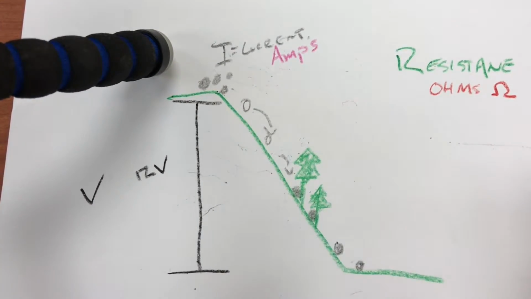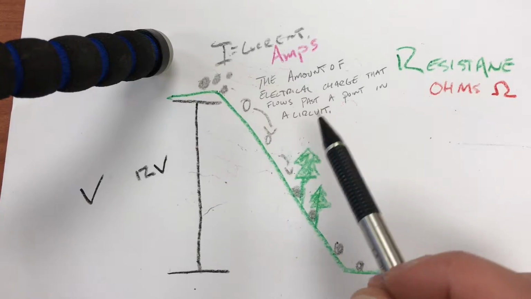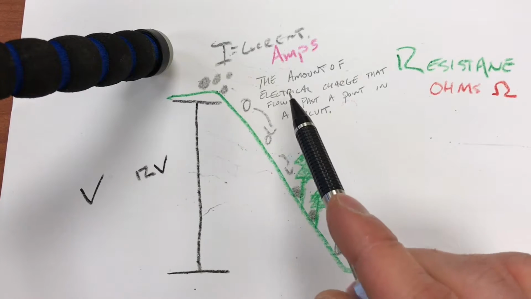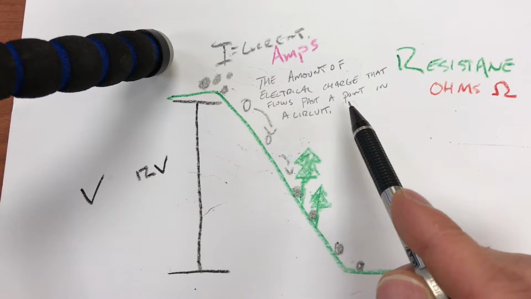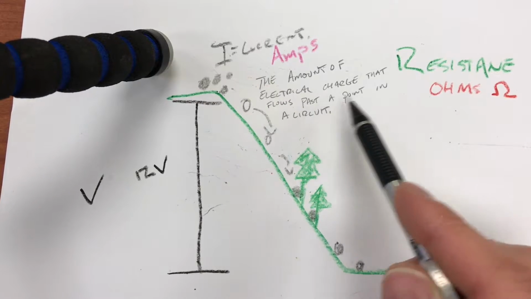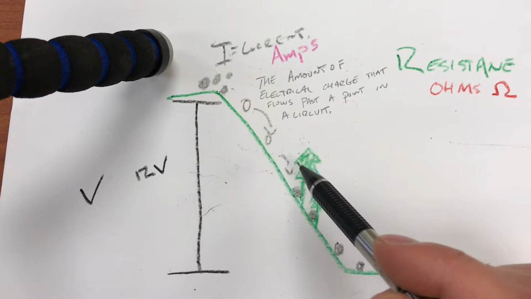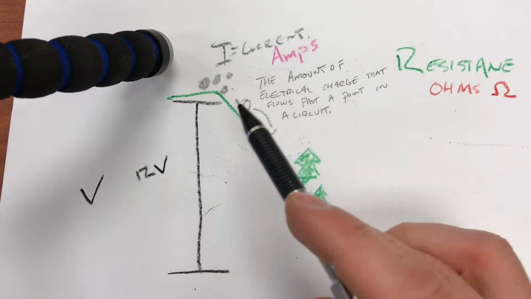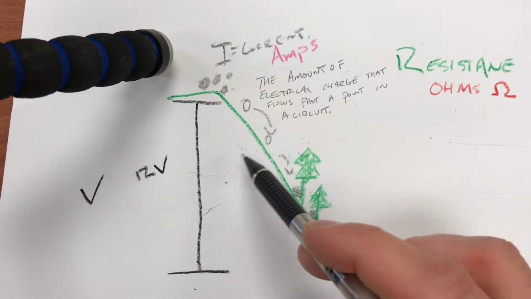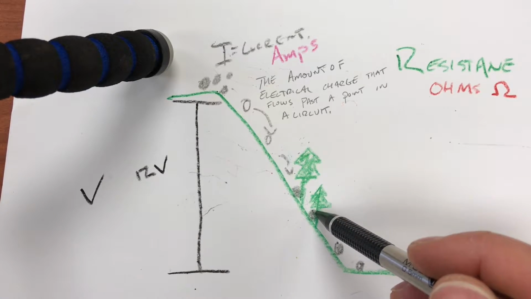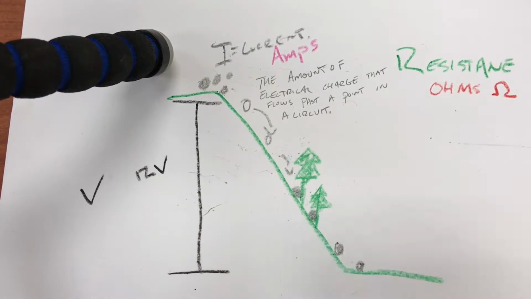I know that may sound confusing, but let's give these a formal definition real quick. Let's talk about current first. Current is the amount of electrical charge that flows past a certain point in your circuit. You're going to have a different amount of current here than at the top because you have resistors that block it, and you have current drops that go on through LEDs and all kinds of stuff.